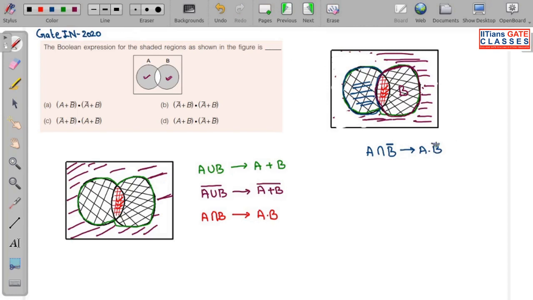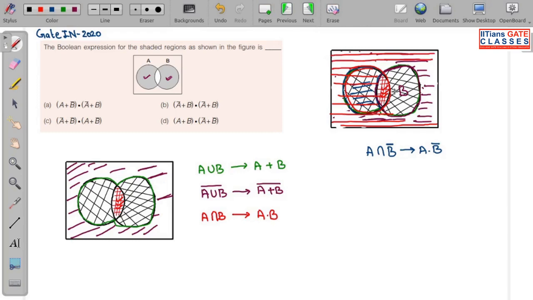If I want the common region between A and B complement, this is my whole A, and this full region is my B complement.